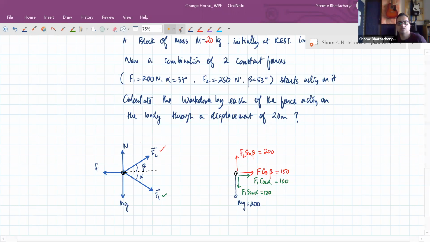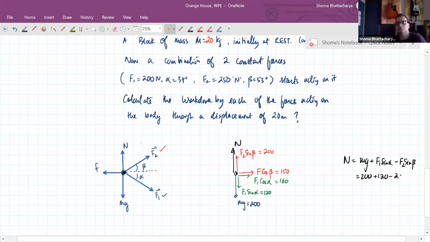So how much does the normal reaction become now? This becomes the important thing for us. What is the magnitude of the normal reaction? Because friction will depend on that. So from this diagram you can see normal reaction is equal to mg plus F1 sine alpha but minus F2 sine beta. So it is 200 plus 120 minus 200.